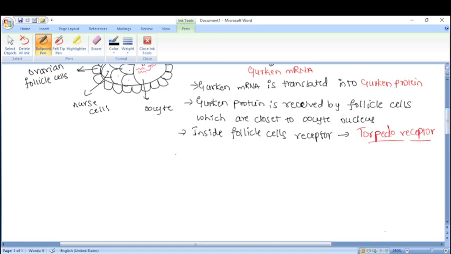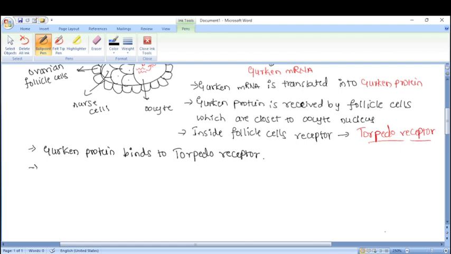Now this gurken protein binds to the torpedo receptor which is present in the follicle cells.